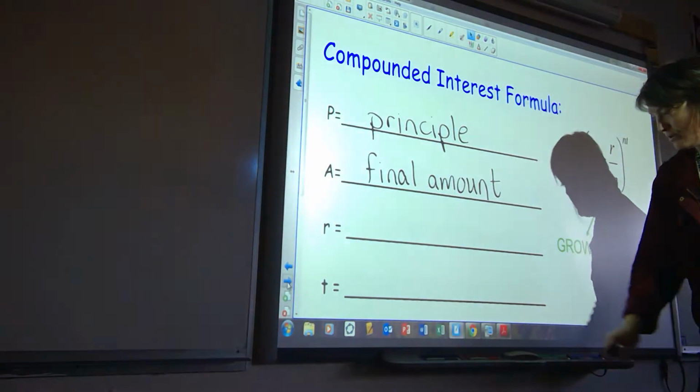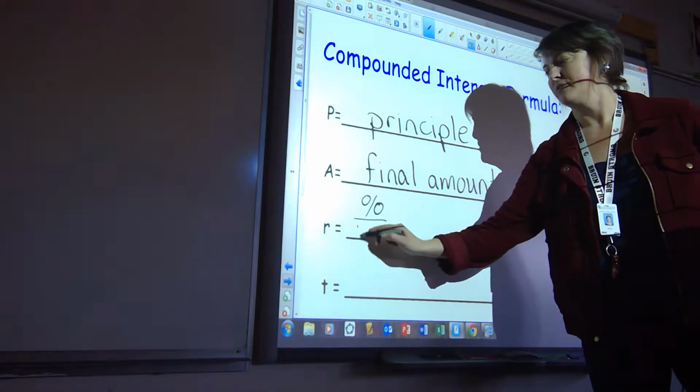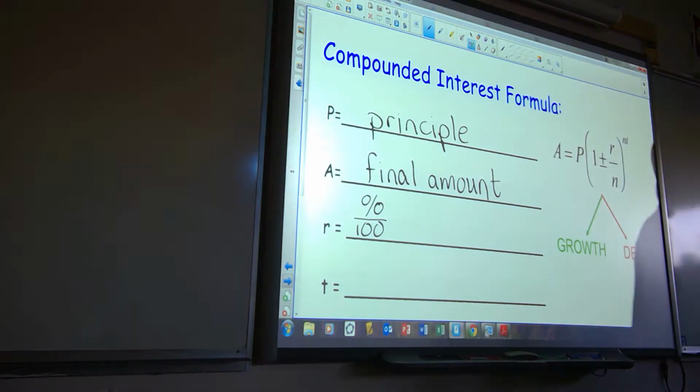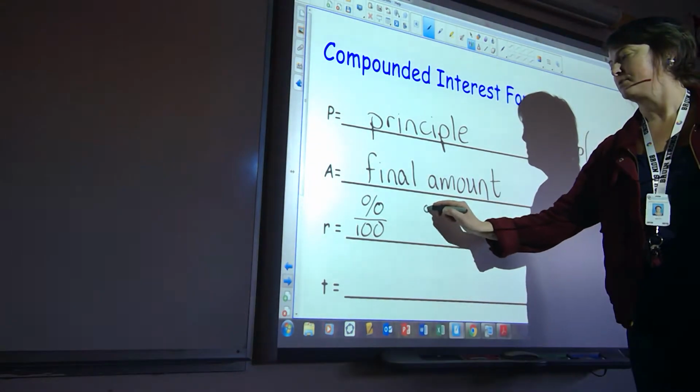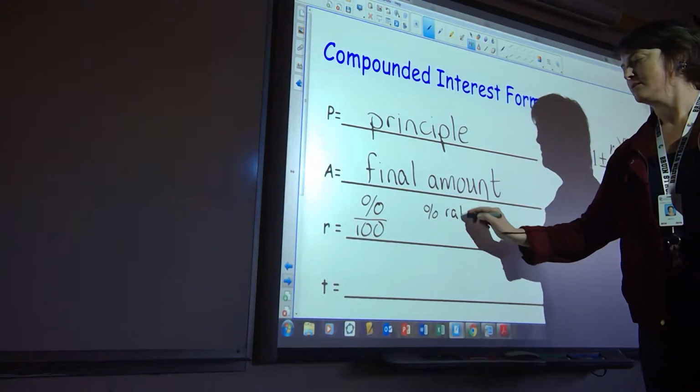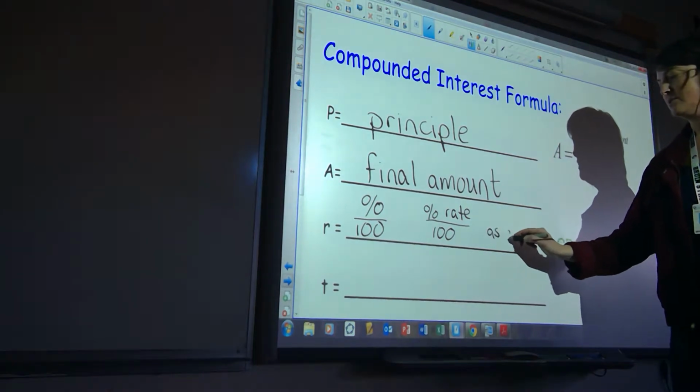The R value is always going to be your percent divided by 100, so it's always a decimal.